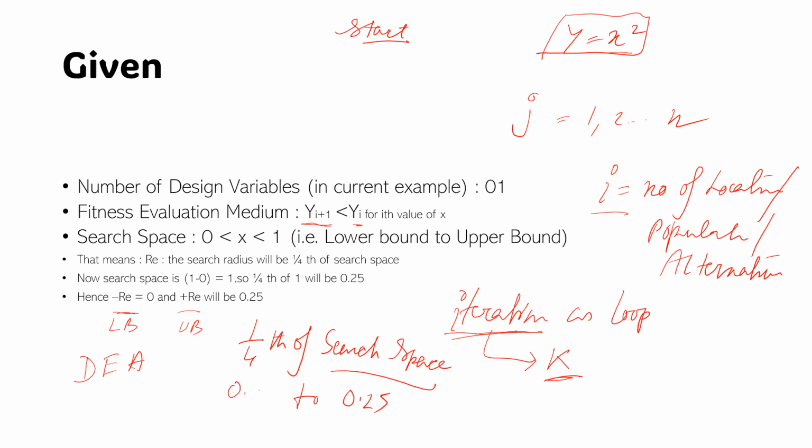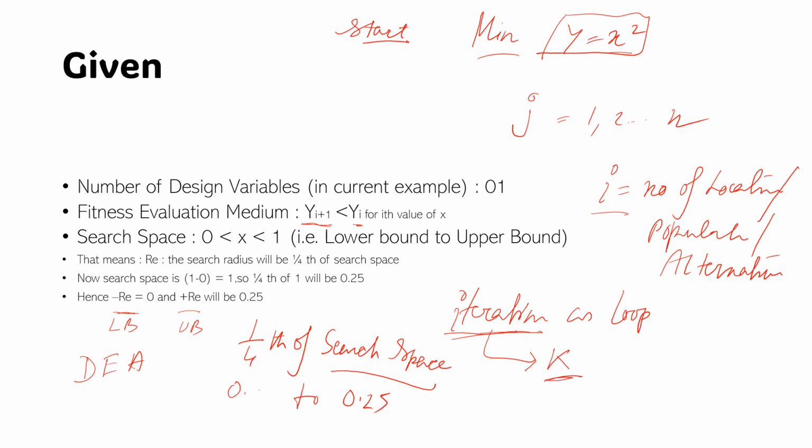For our case it is x only. And the fitness evaluation: the new y must be less than the old y. Y means the objective function, and as our goal is to minimize the objective function, the new y will be less than the previous y.